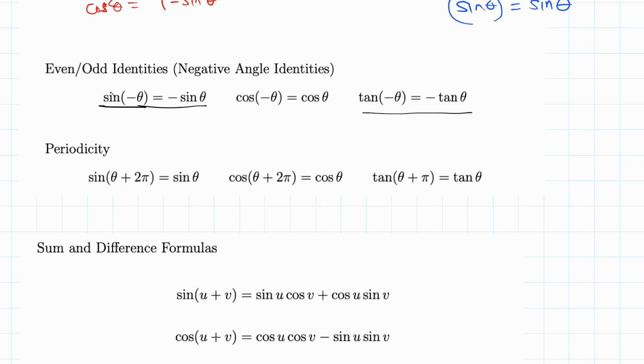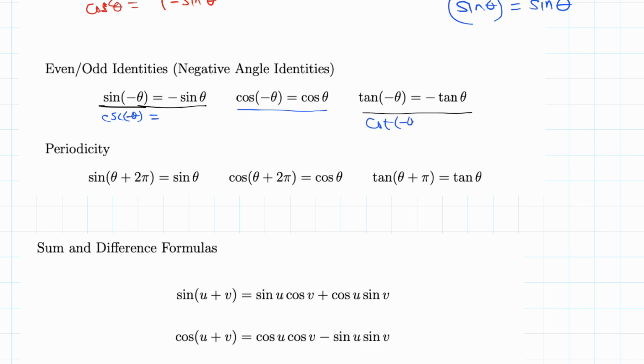That means sine of negative theta is, just pull the negative outside, negative of sine, and tangent of negative theta is negative of tangent. But cosine is an even function. So cosine of negative theta is the same as cosine of positive theta, the negative is just absorbed. And it applies for cosecant, same thing.